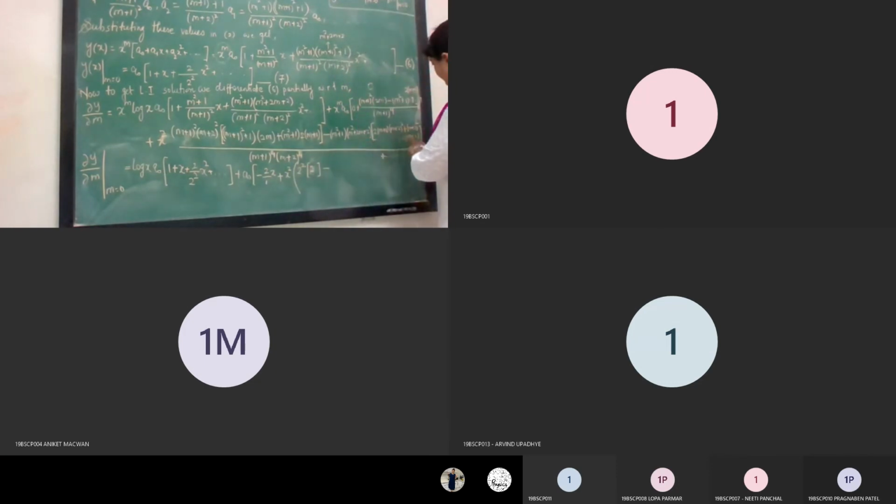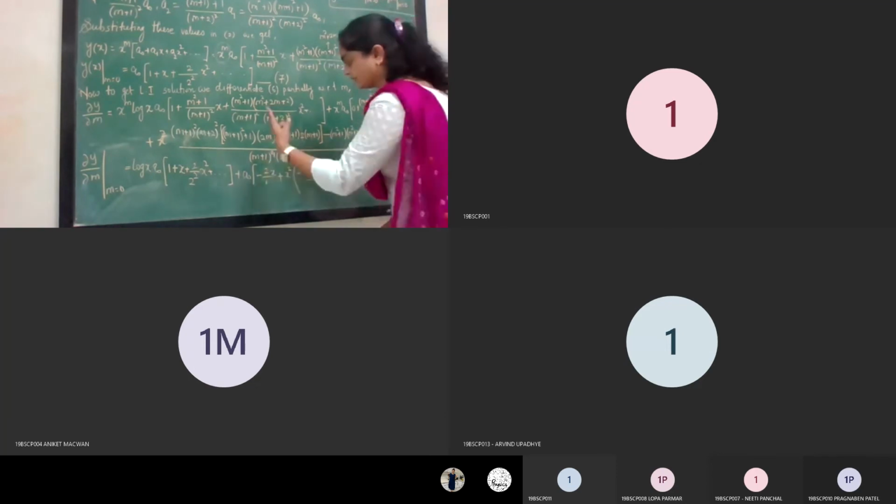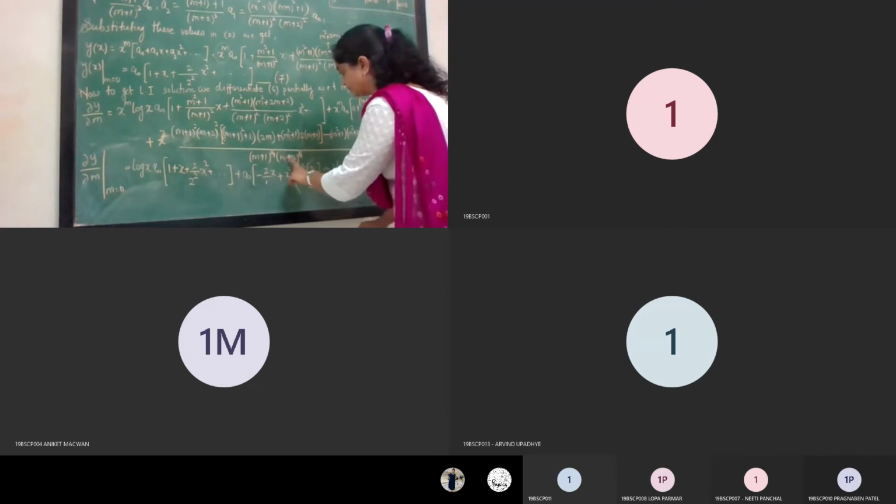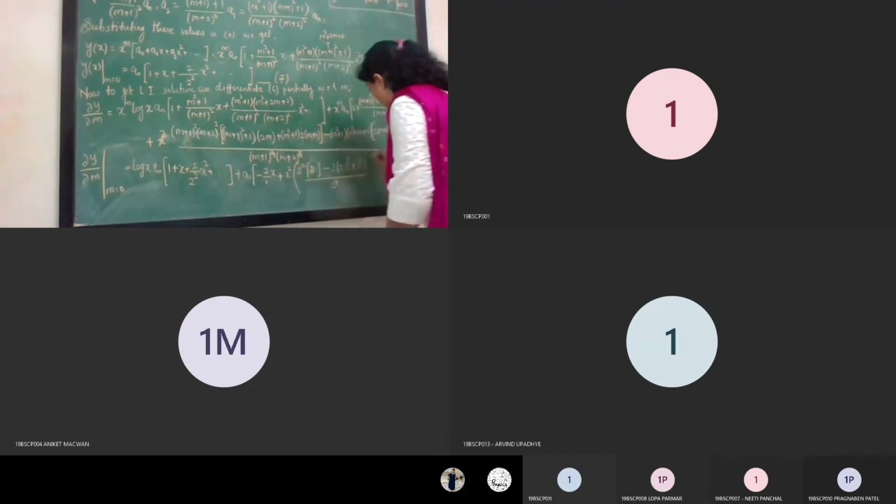Here we don't have an m term, so 0 plus 1, 1, so minus 2 into 2 squared, this is 1 and this is 2 squared. (n+1)² is 1, and 0 plus 2 is 2, so it is 2 squared with the positive sign upon 1, since (0+1) raised to 4 is 1, and (0+2) raised to 4, so it is 2 raised to 4.